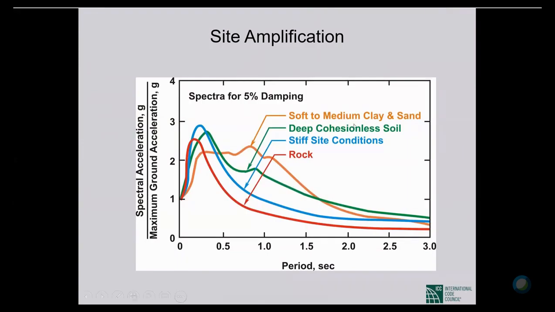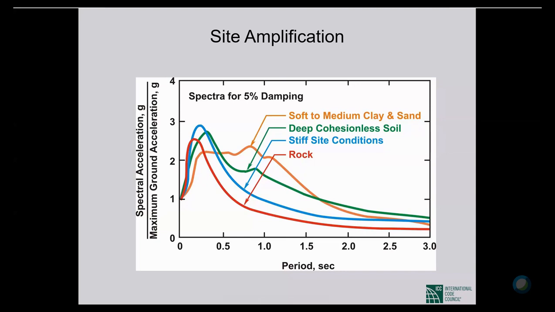We will talk about site effect or site amplification for 3 or 4 slides. On the x-axis here is the period of the structure, which I haven't defined. Period, very simply, is this: if you set something in motion, let's say you swing a pendulum, the time it takes for the pendulum to go from rest to one extreme position to the right, to one extreme position to the left, and come back to rest, is the period of the pendulum.